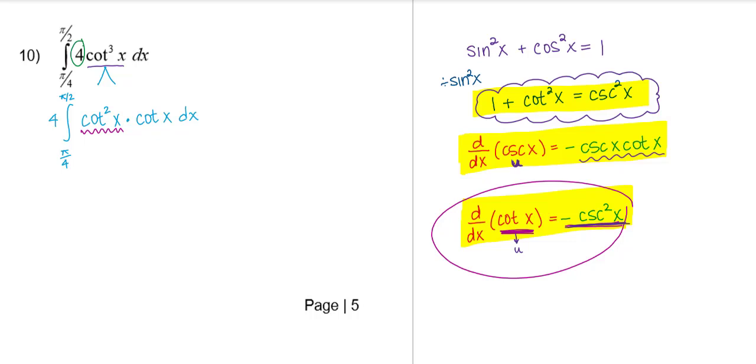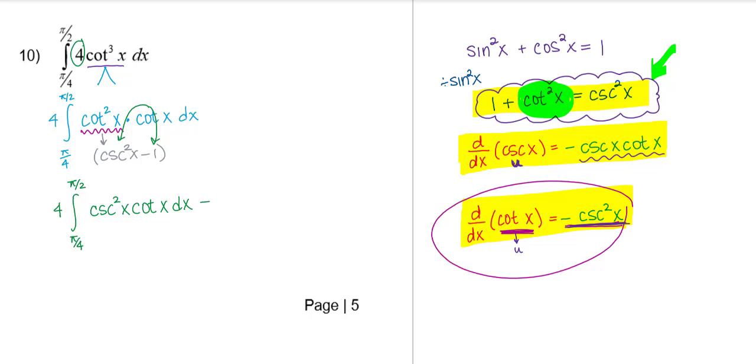So look over at your Pythagorean. Cotangent squared x, if you solve for that, you would just subtract 1. So cotangent squared x is the same thing as cosecant squared x minus 1. Let's just distribute this cotangent into those terms. So my first term will become cosecant squared x cotangent x dx.